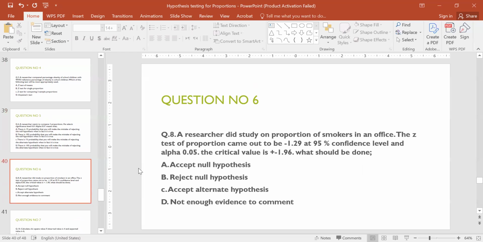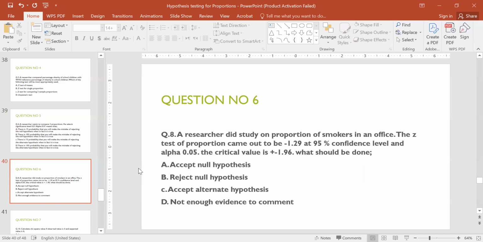Question number 6. A researcher did study on proportion of smokers in an office. The z-test of proportion came out to be minus 1.29 at 95% confidence level. The critical value is plus minus 1.96. What should be done? Option A, accept the null hypothesis.